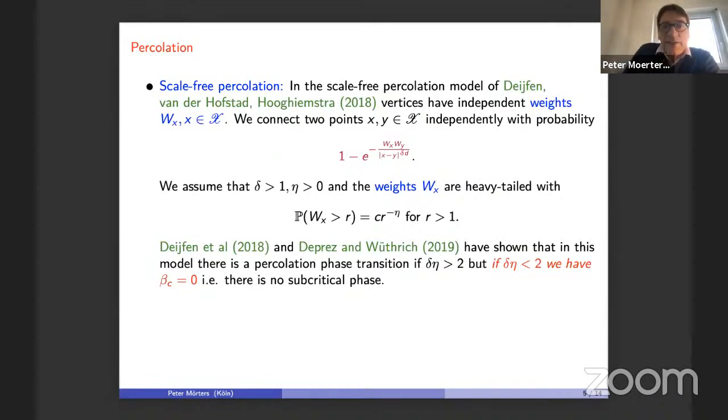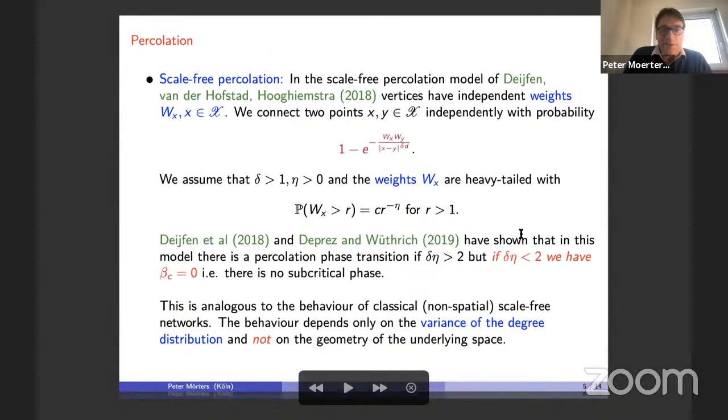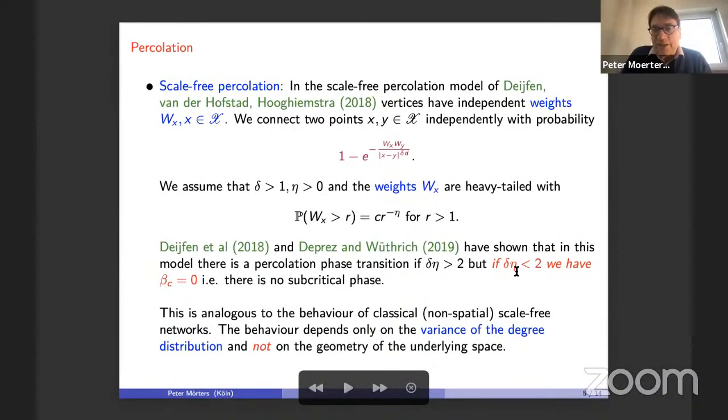Yes, so why is this from another point of view an unsurprising result? If you don't come from the geometric random graphs and long-range percolation world, but from scale-free graphs that are not spatially embedded, like the configuration model and so on, then this is exactly the result that you would expect. It's not so easy to see directly, but this condition, whether delta eta is bigger or smaller than 2, just says whether the variance of the degree distribution is finite or not.